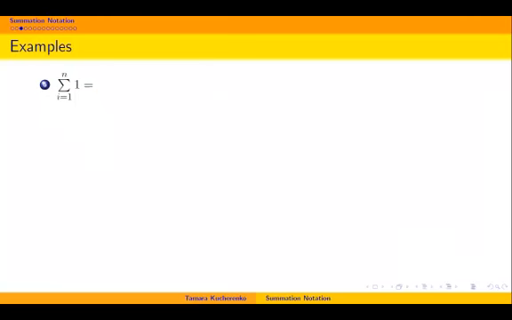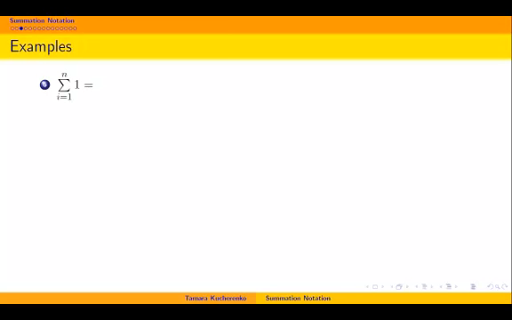The next example is the sum from i equals 1 to n of 1. Here n is any natural number greater than or equal to 1.